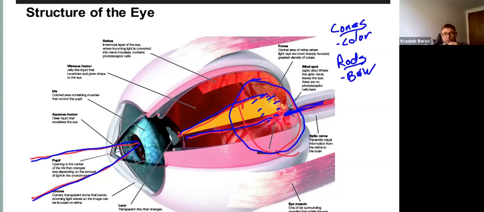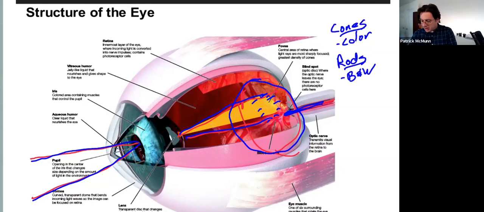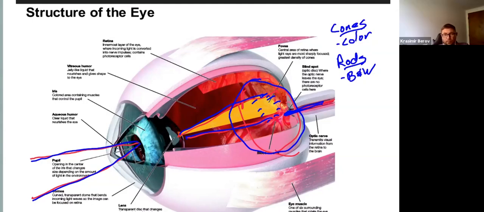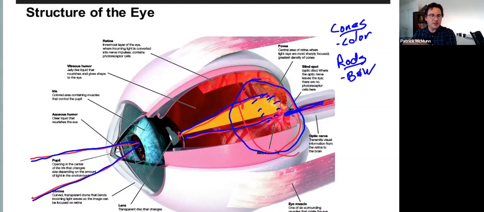And the image is upside down, correct? Yes. That's just basic optics: when you have a lens and you project an image through that lens, it appears upside down, unless you have other lenses that convert it back, okay? But this is just like a concave lens. There's really nothing that's reverting it back.